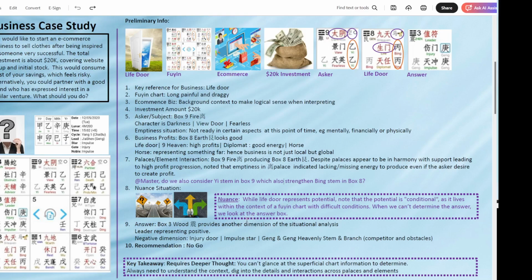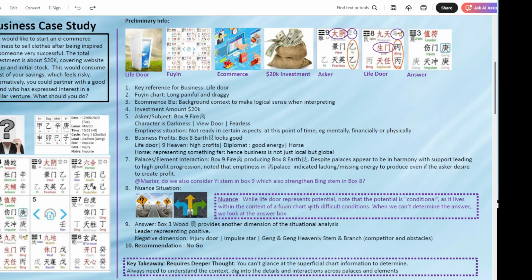Okay, so another thing we're going to look at in this case study is that we have to know there's nuance inside it. Live Door may represent potential for the business, but this potential is conditional, meaning it depends on the full chart.